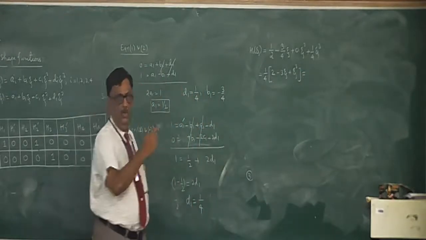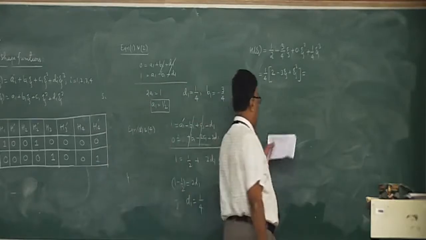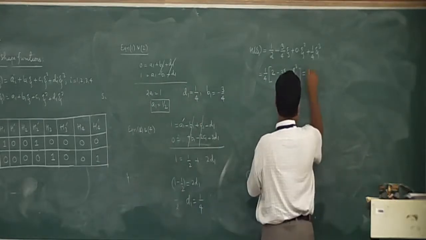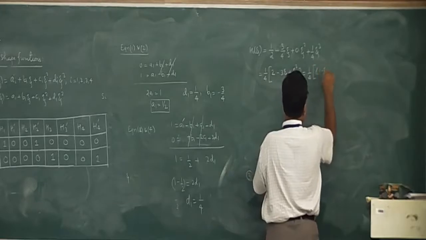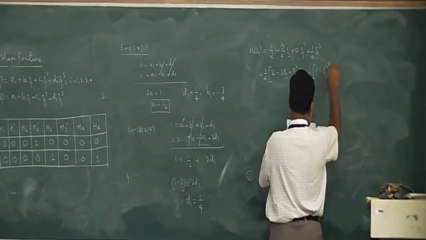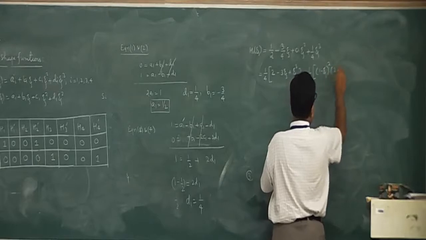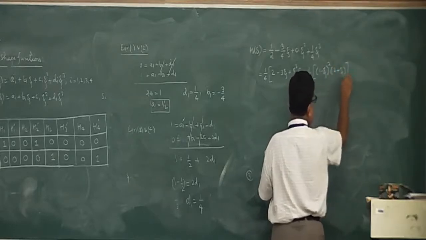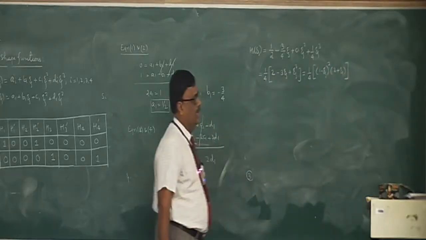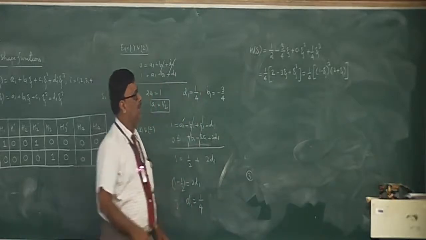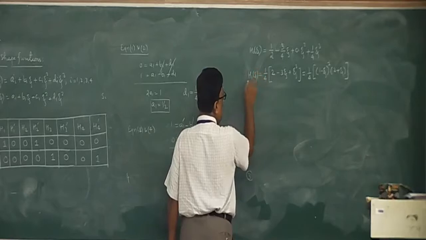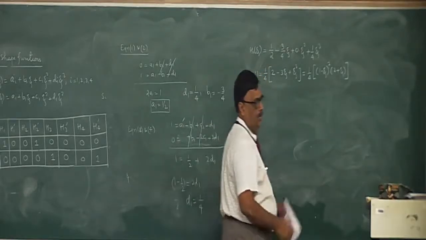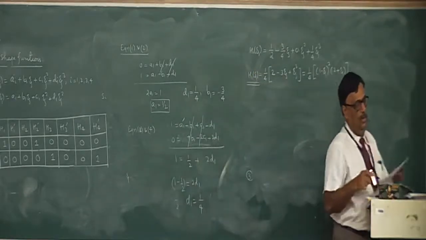Maybe if you want to add some parameters to this, you can modify this as 1 upon 4, 1 minus zeta whole square into 2 plus zeta. This way also you can write it for your convenience. So this is exactly what we call h1 of zeta, that is the first Hermitian shape function for the beam element.